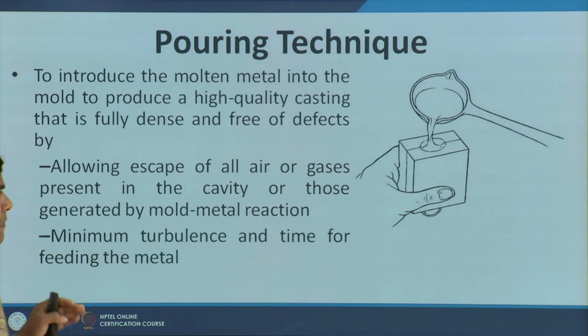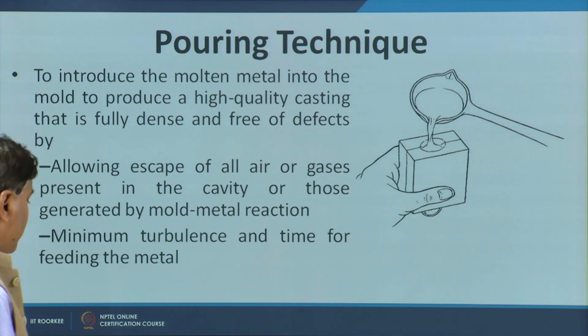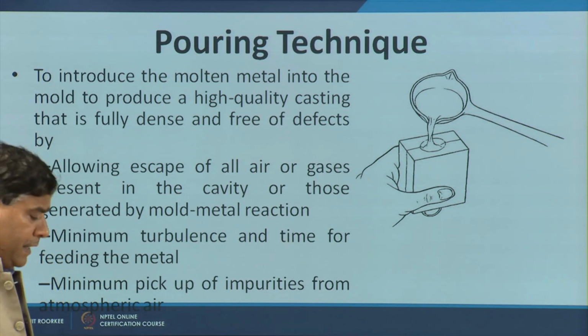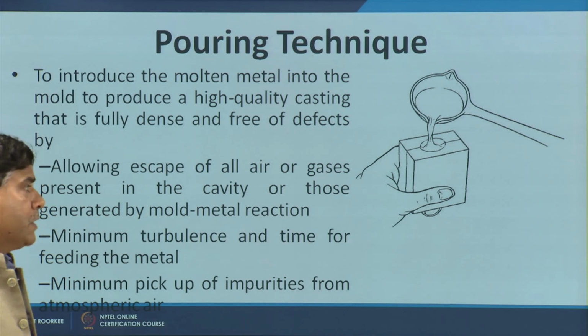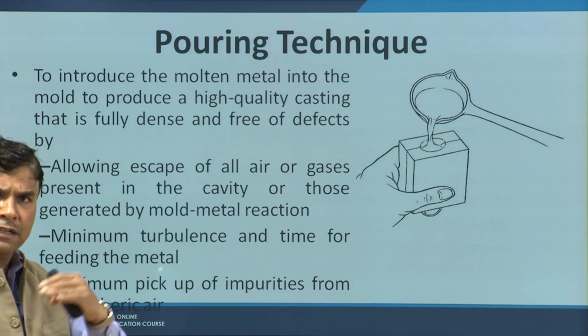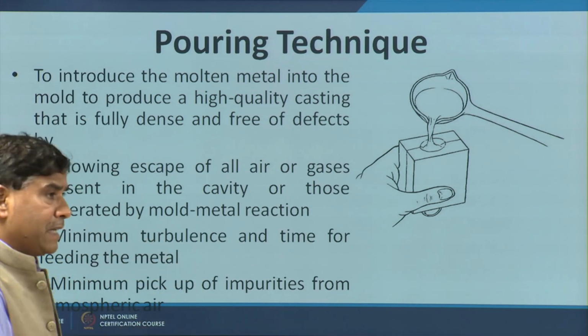At the same time, it is also expected that the pouring is performed with minimum turbulence, the pickup of impurities is minimum, and the mold cavity is filled in the minimum possible time, so that solidification begins in the different regions almost at the same time.